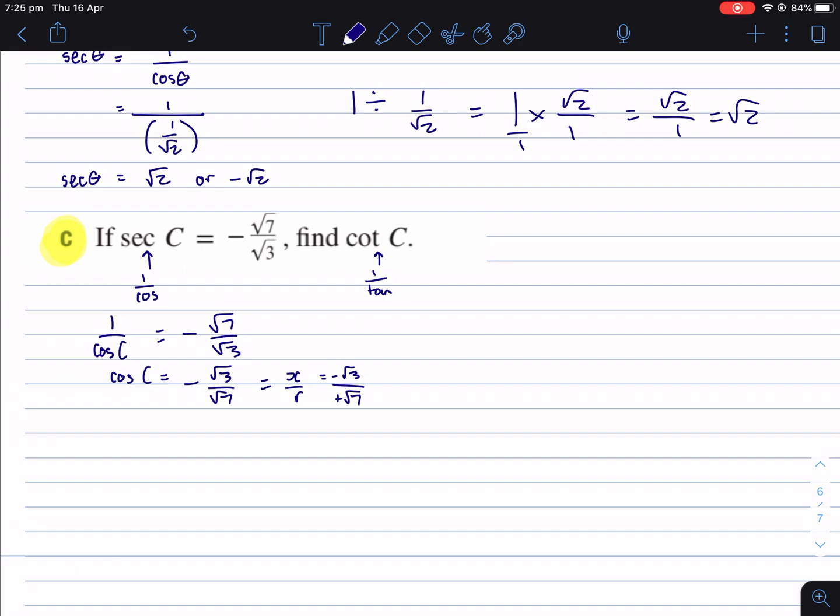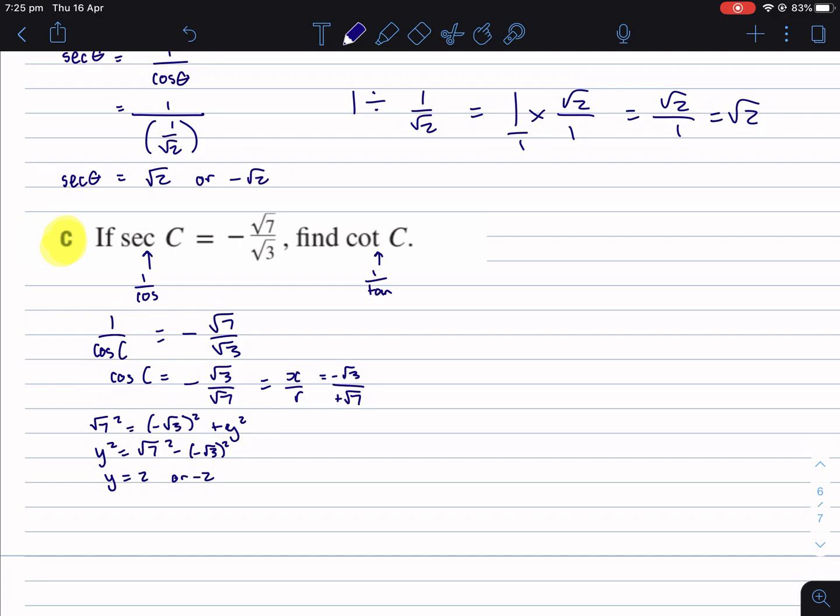Okay, so now let's find y. So we've got root 7 squared equals negative root 3 squared plus y squared. So we've got y squared equals root 7 squared, take negative root 3 squared. So it's 7 take 3, so y is 2 or negative 2.